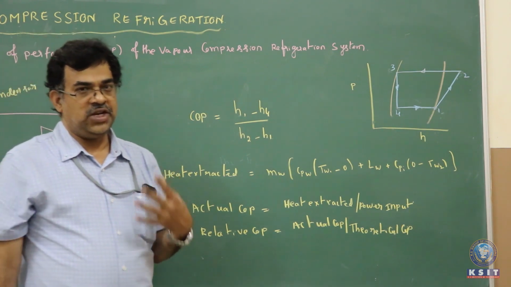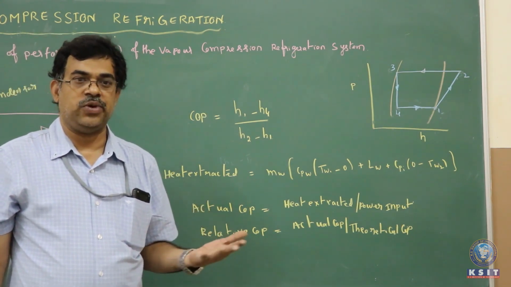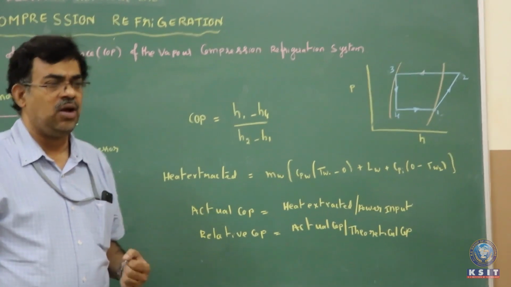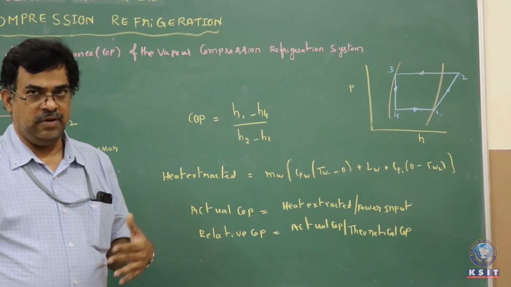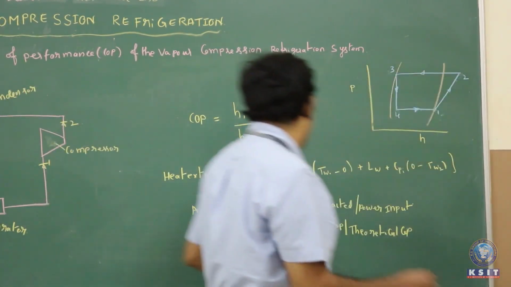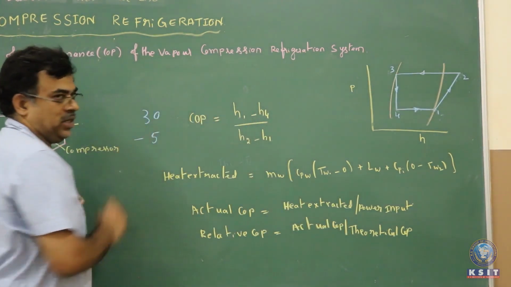Suppose initially the water is at room temperature, say 30 degrees. Now you cool the water from 30 degrees to, suppose, minus 5 degrees.